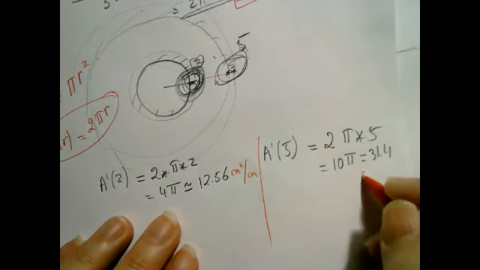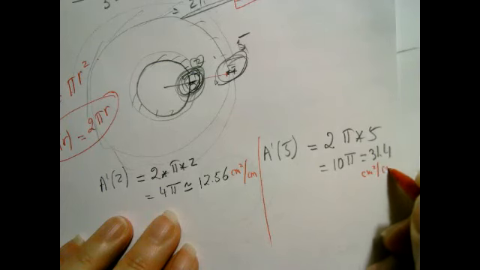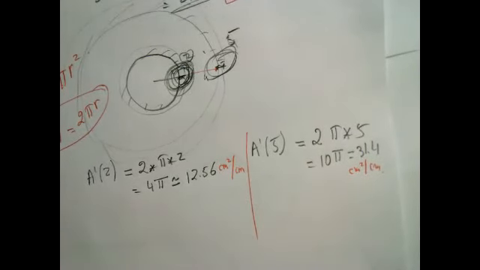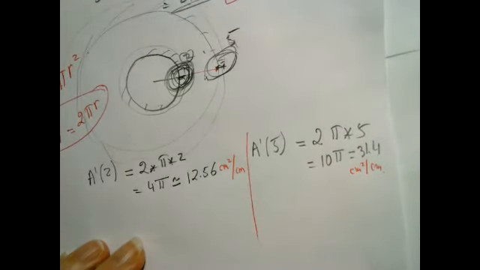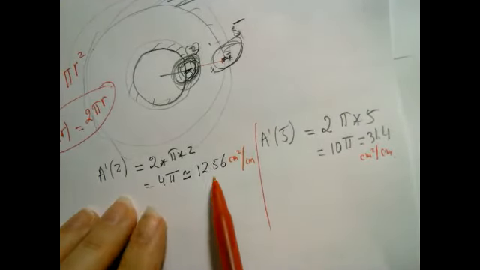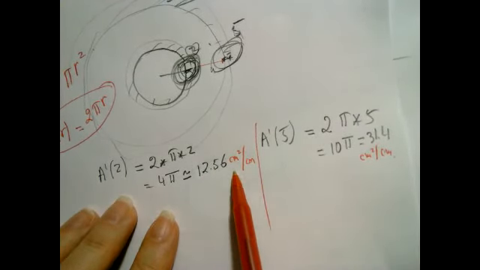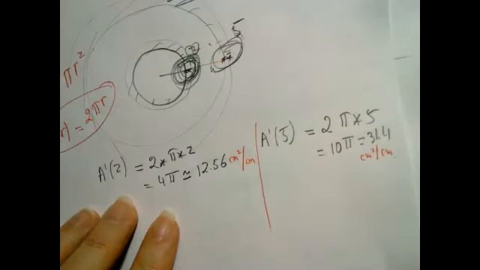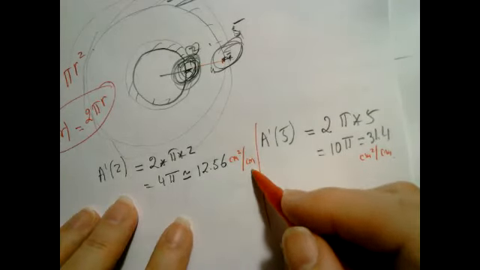So here the unit is centimeter square per centimeter. It's important to know the unit because it gives meaning to the derivative. Okay, so the derivative here is 12.56 centimeter square, that's the unit of the output, per unit of input.